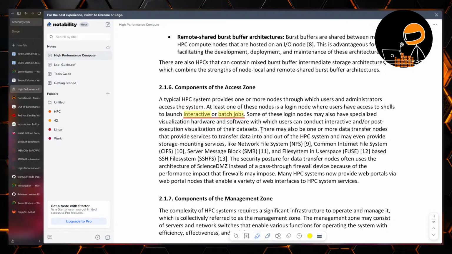So this would be the data transfer nodes. This makes sense, sending storage into the cluster.